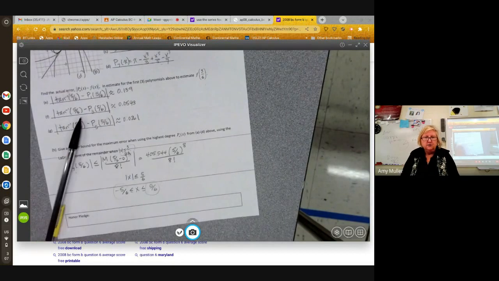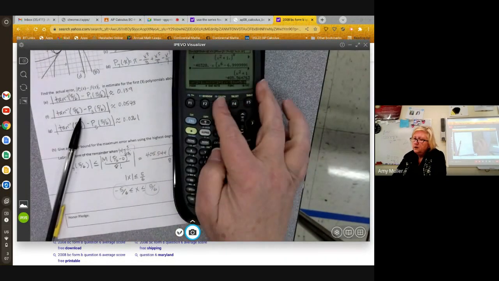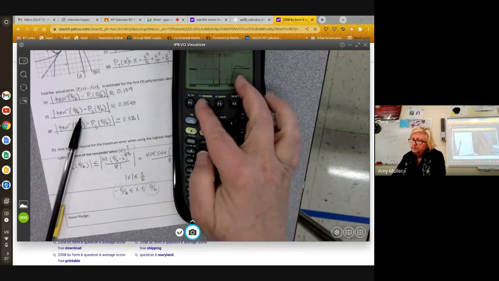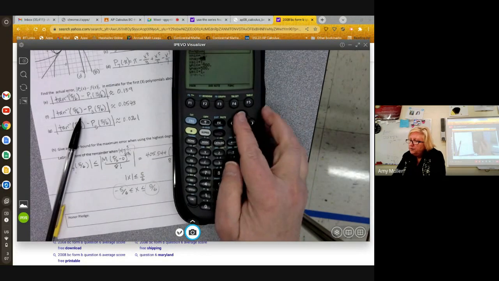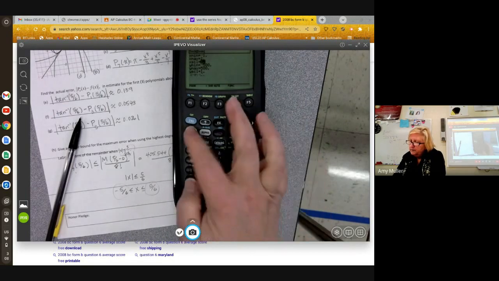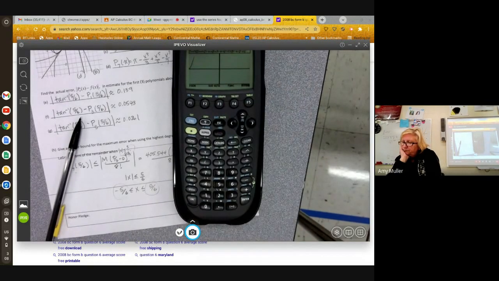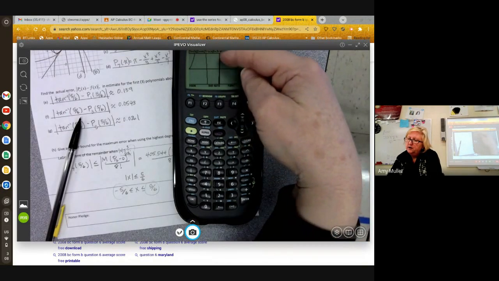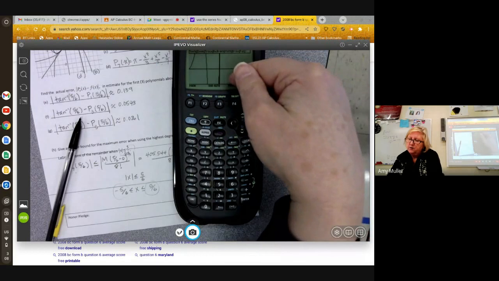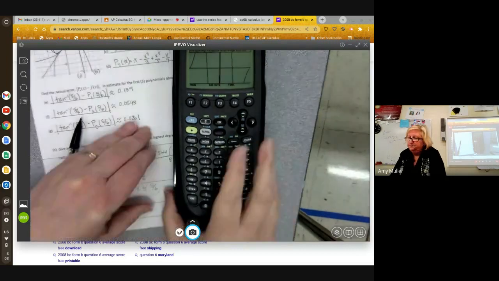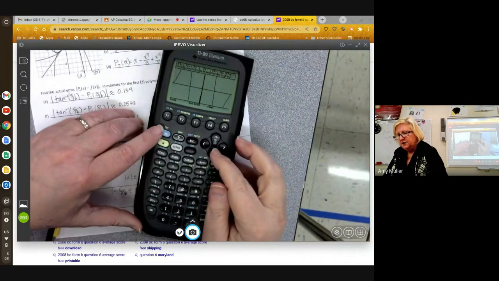Because what happens on this graph, and let's change our window a little bit here. I want to go from -1 to 1. It's gonna come down and then it's gonna come back up really close to here. And so at 5/6, it's a negative number over here.